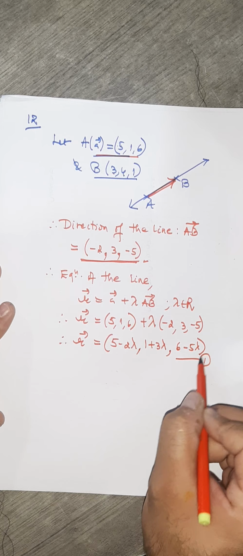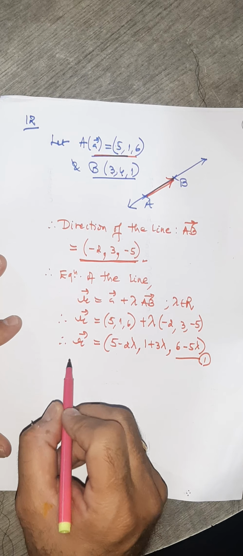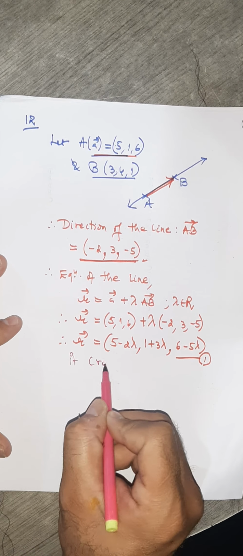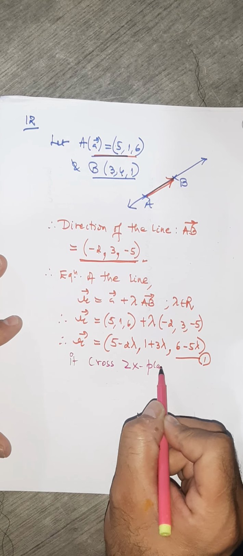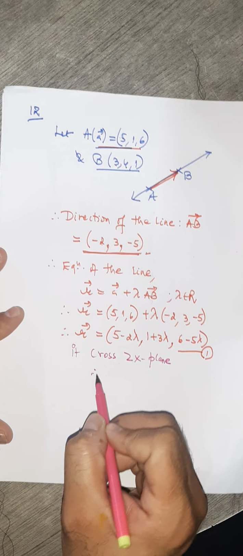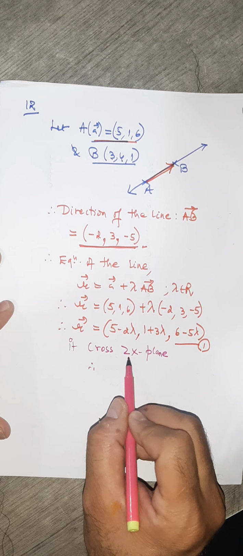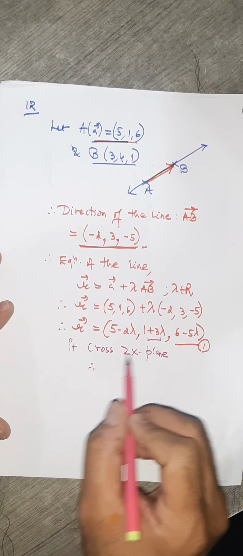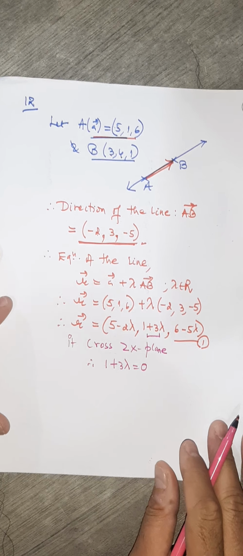Right? Now this line crosses the ZX plane, and therefore which component will be 0? Which variable is absent here? Y variable is absent, therefore this must be 0. So 1 plus 3 lambda equals 0.